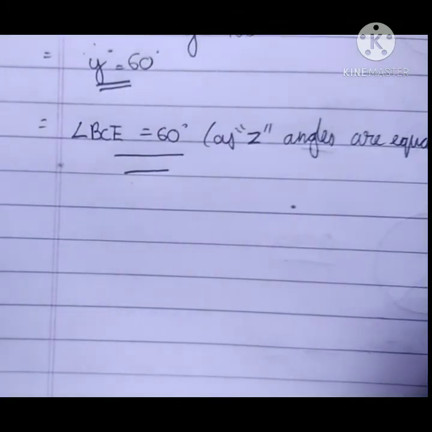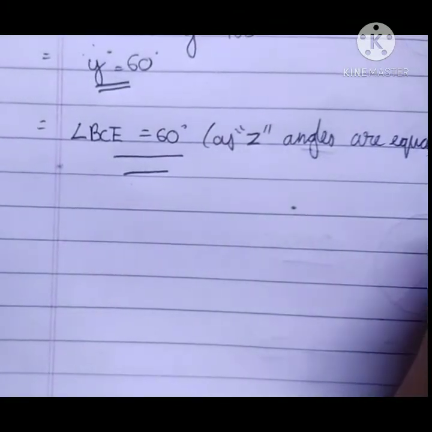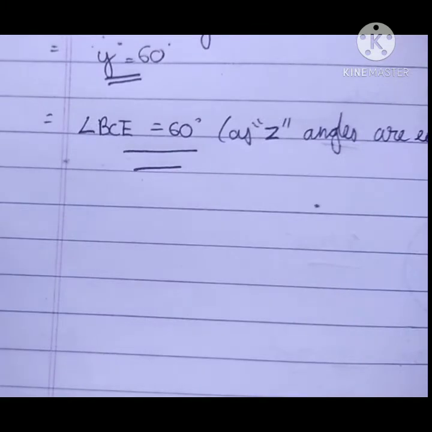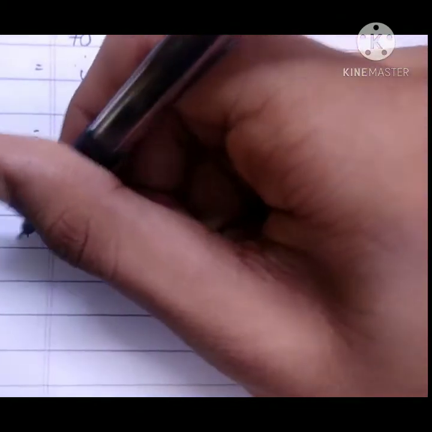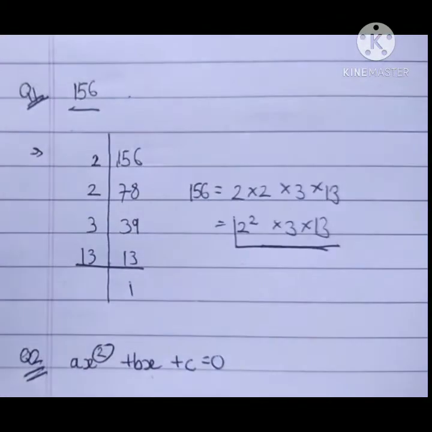The next question says, the cost of fencing a circular field at the rate of rupees 24 per meter is rupees 5280. Find the radius of the field. Let's label it, I guess this is question number 7.